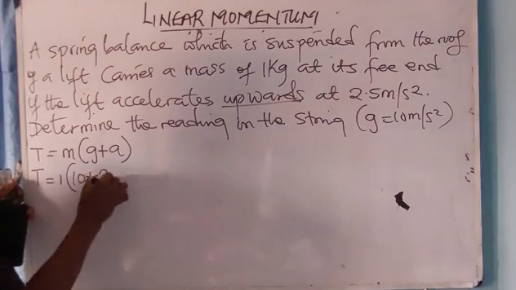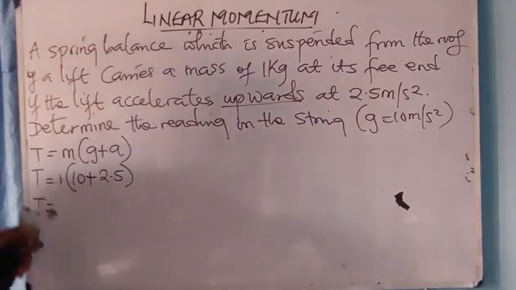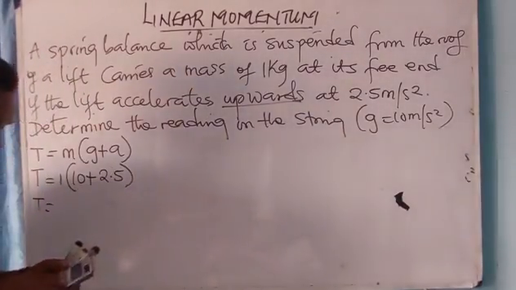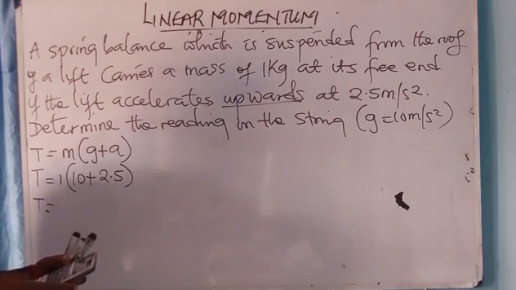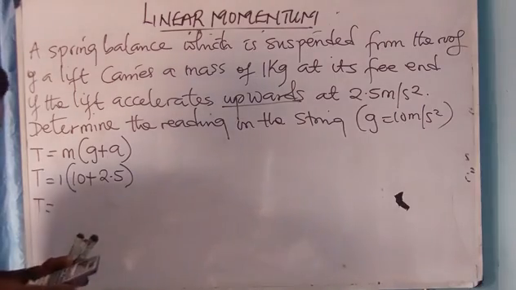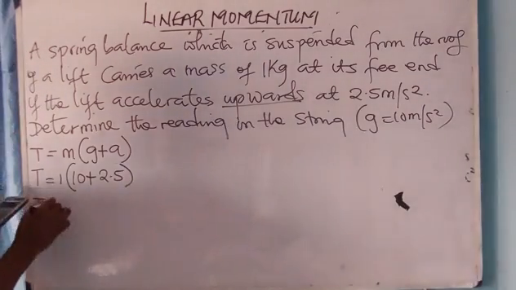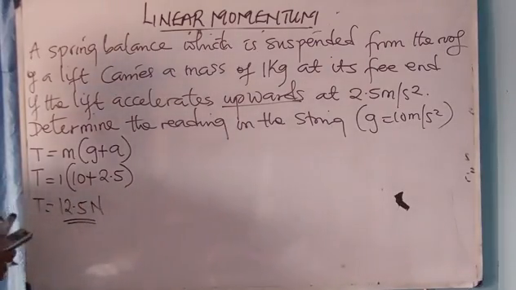Then A is 2.5. So T is equal to 10 plus 2.5, which is going to be 12.5 Newton. This is the answer.